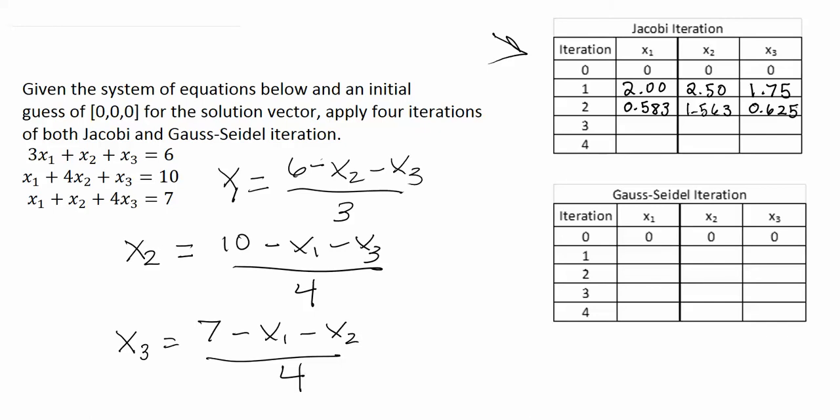So we take 6 minus 1.563 minus 0.625 all divided by 3 to get 1.271. Then we apply equation 2, 10 minus 0.583 minus 0.625 all divided by 4 to get 2.198.